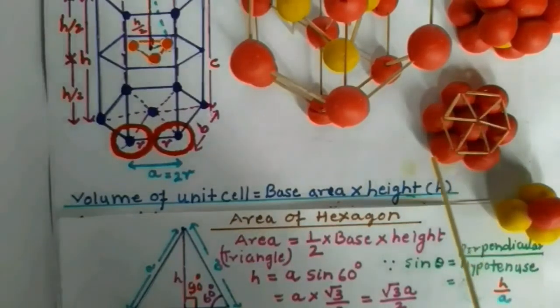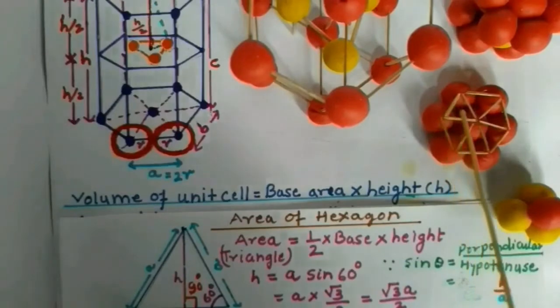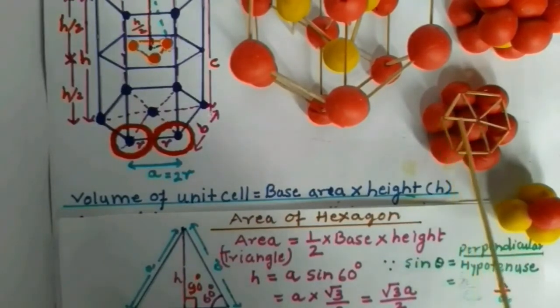And the distance between the centers of the 2 spheres is equal to twice of r. Here the spheres which are present along the edge length touch each other, and this edge length A will be equal to twice of R. In case of this equilateral triangle, all these sides are equal to A. Here two spheres are in contact with each other, these two spheres are also in contact, and these two spheres also touch each other.